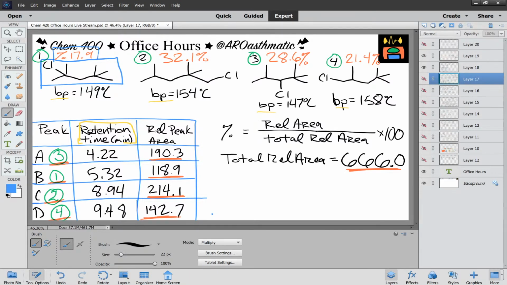So it's in a severe minority from a statistical standpoint, but its stability boosts it by like 12.5%, right? Boosts it from 5.6 to 17.9%. So that is the explanation for why it is not the major product, but it's still better than we thought.